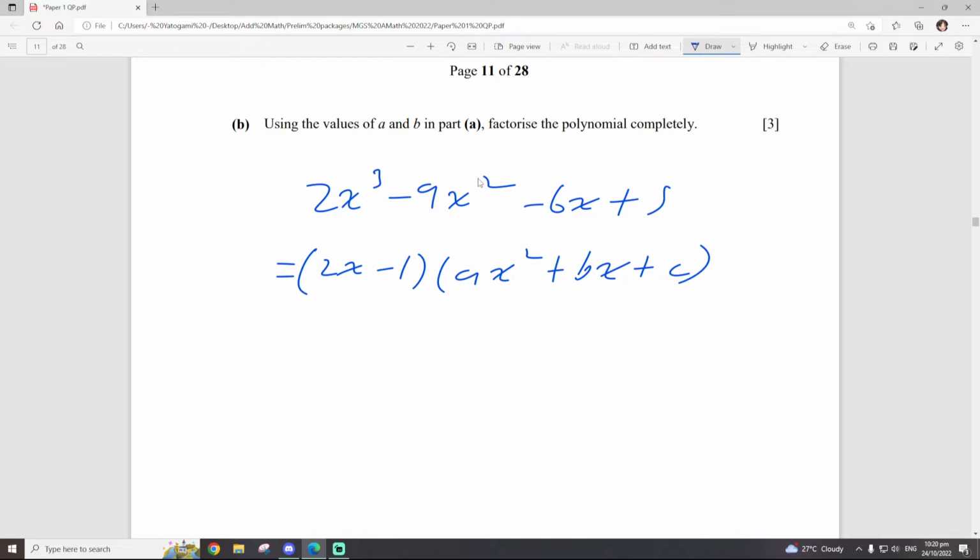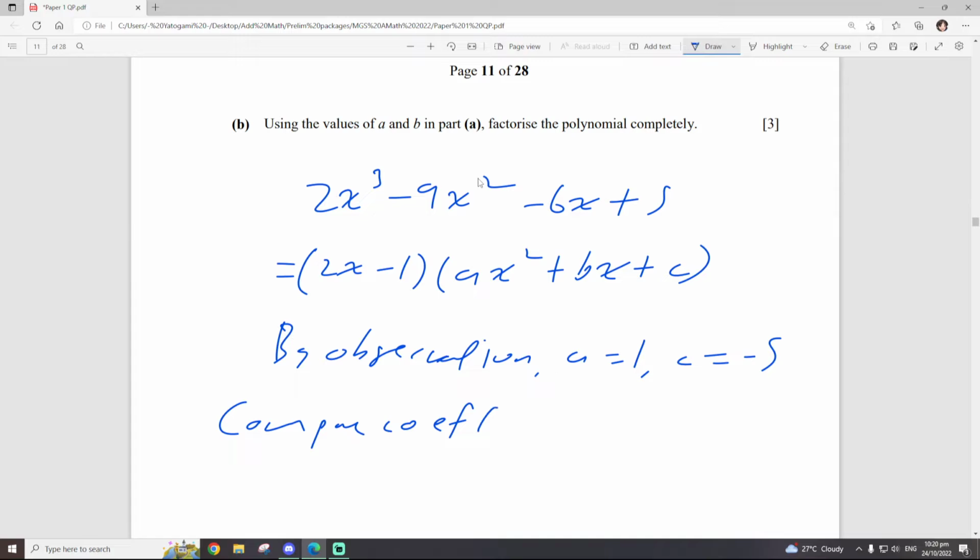So let's see what we get. So by observation, a is 1 and c is -5. Then we can compare coefficients of either x or x^2.